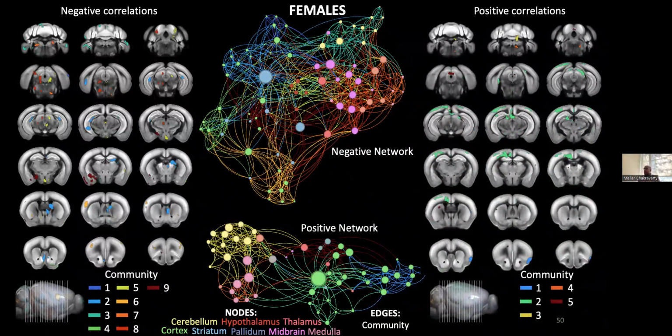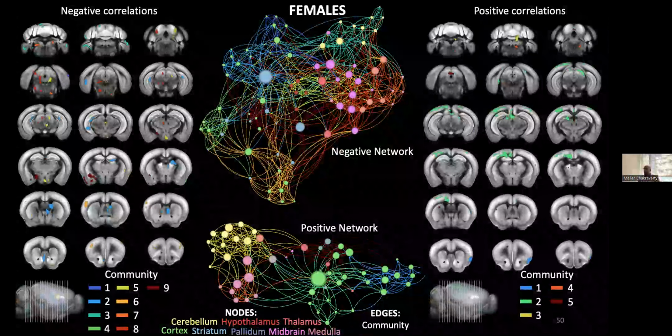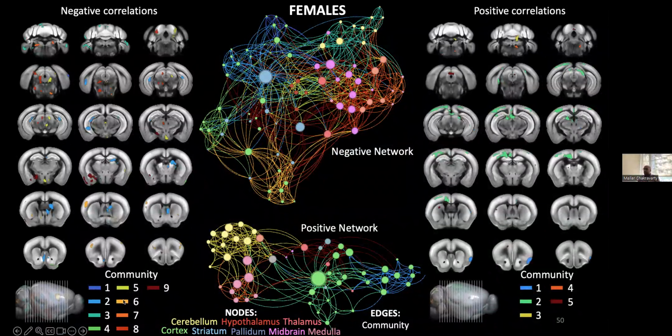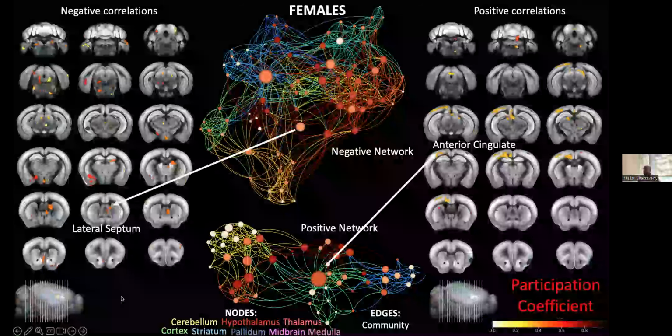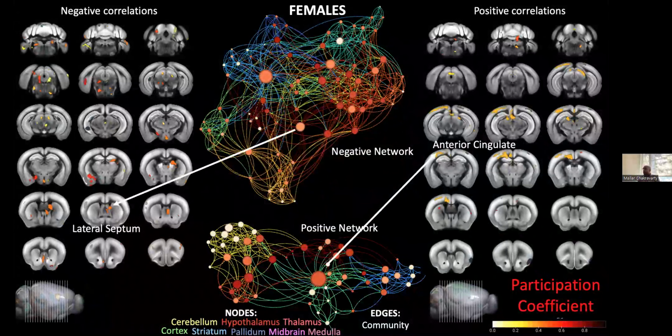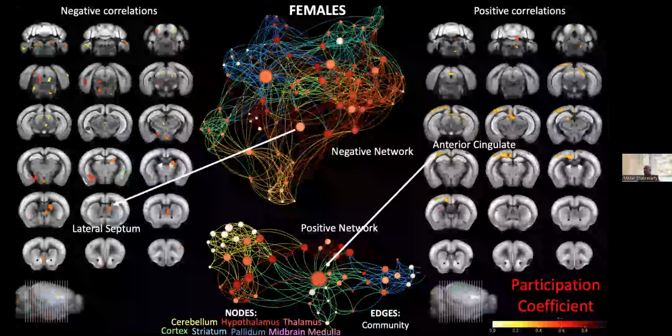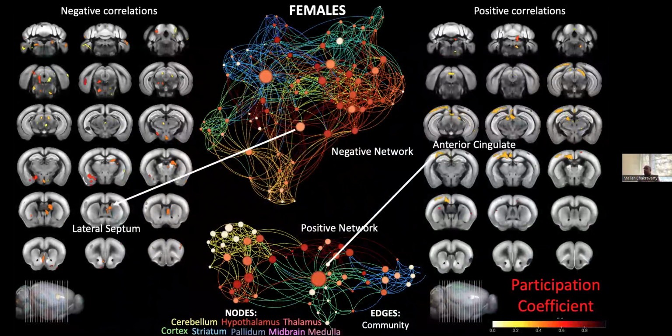And from this, we can now, again from the community information, find nodes that have a high participation coefficient, which are thought to really represent regions that are involved in functional specialization or maybe vulnerability towards the stressful exposures that we showed before.